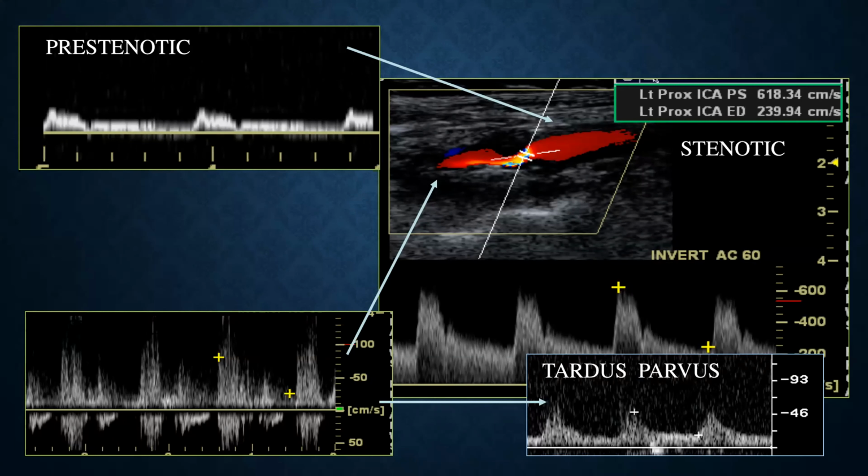And tardus parvus means it's a post-stenotic signal or waveform downstream from a significant stenosis. So looking at this constellation of findings, it's very helpful for us to use these to characterize a significant stenosis.